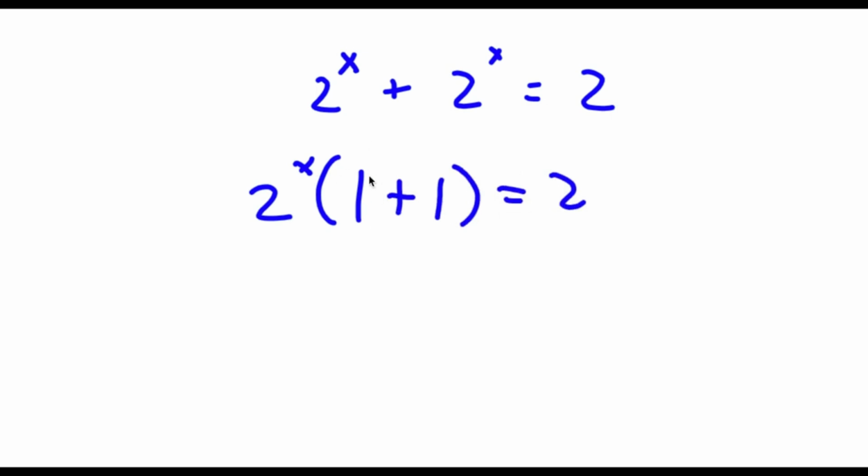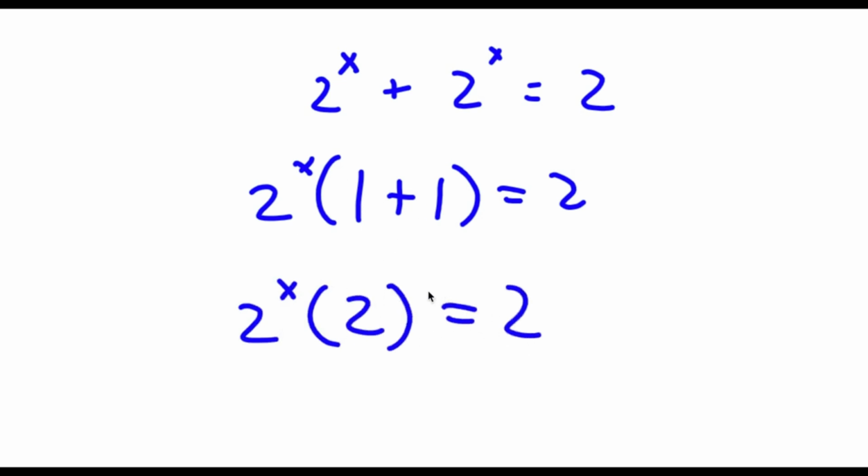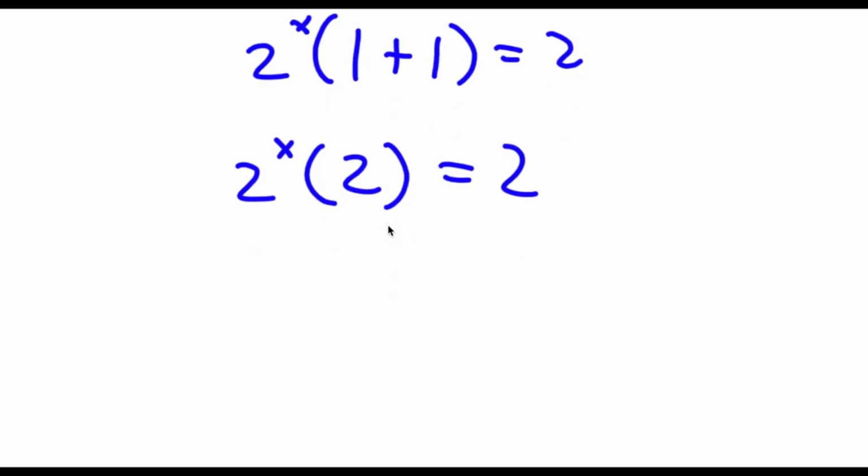Now, if I simplify what's in the parentheses, I get 2 to the power of x times 1 plus 1 is 2 is equal to 2. Now, what I'm going to do is multiply these two.